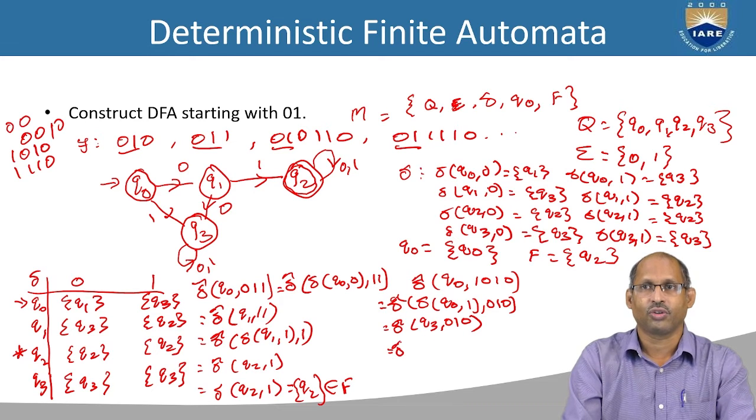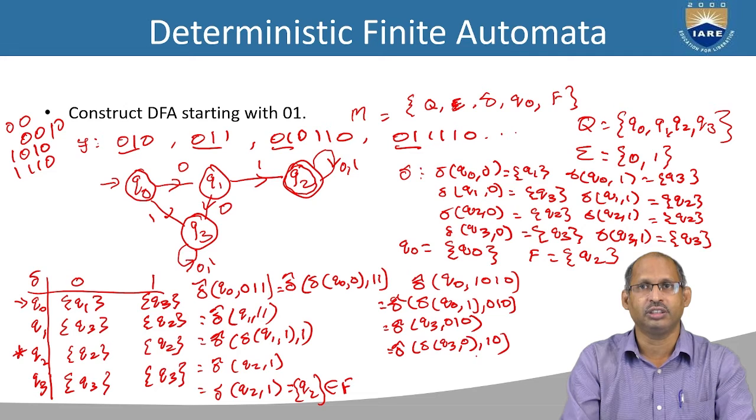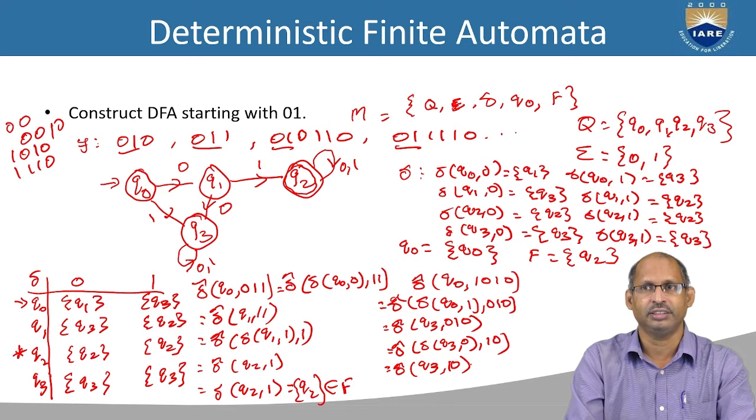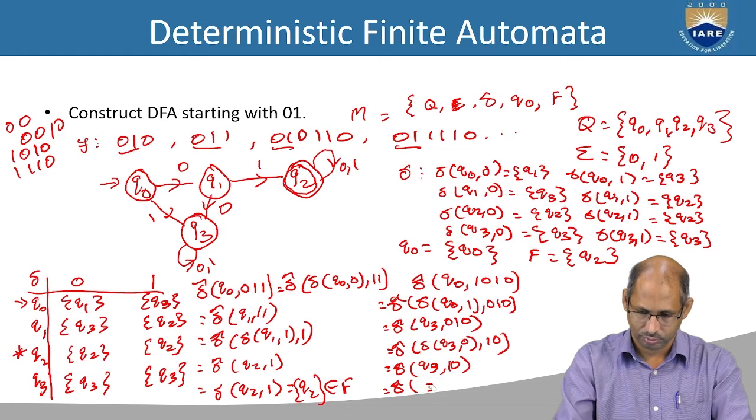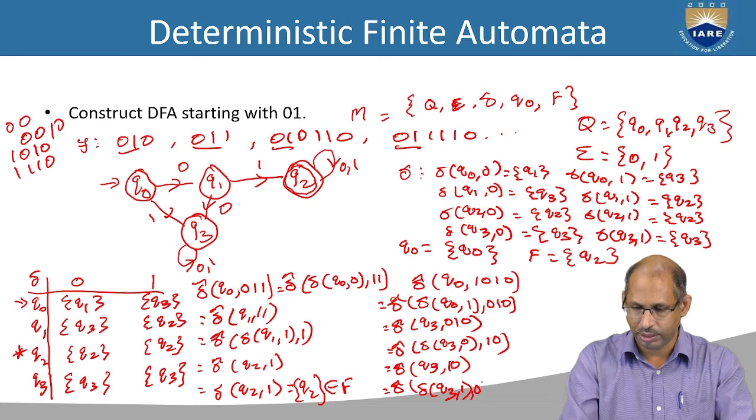Then Q3 on 0, with remaining symbols 1, 0. So Q3 on 0, what does it give? Q3 only. Remaining symbols are 1, 0. Then the transition function Q3 on 1 followed by 0.